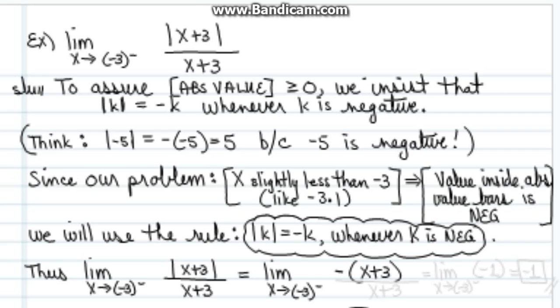So this is a limit as x approaches -3 from the negative side of the constant -1. And you know the rules of limits, that just says that it's equal to the constant itself, -1.